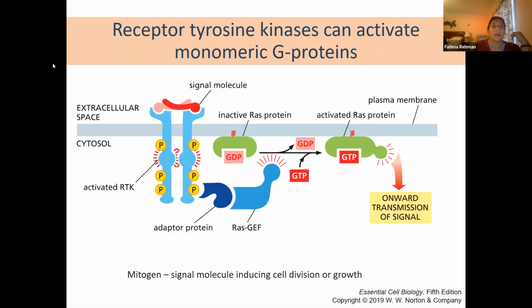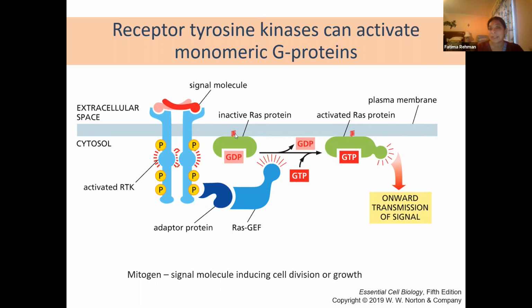Okay. Now, sometimes these receptor tyrosine kinases will activate G proteins as one of their secondary responses. So here you have a molecule where, once activated, one of the phosphorylations will bind to an adapter protein that can then bind to a G protein exchange factor, and lead to the activation of an inactive G protein to an activated G protein.